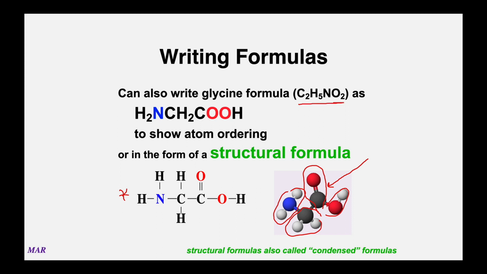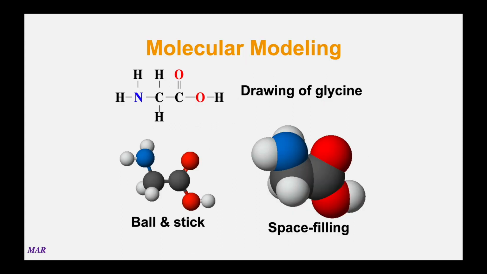Most of the time, we're going to write our formulas like this because they're compact, all right? But there are uses for the expanded versions as well. Here's, again, an overview of some other ways to show this. A drawing of glycine in a 2-dimensional representation is right here. This one down here on the lower left is called the ball and stick model.